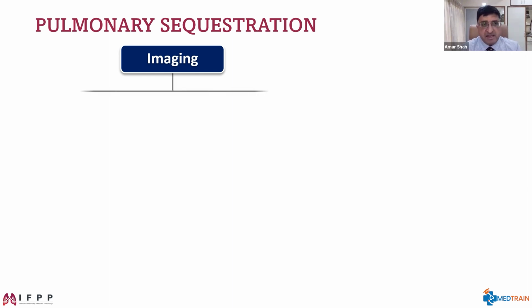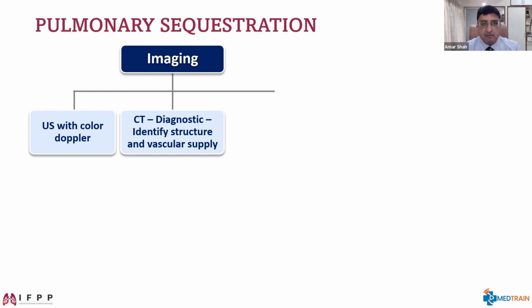Infants may present with respiratory distress or even feeding difficulties. Imaging is, as I said before, diagnostic in pulmonary sequestrations. Ultrasound scan with color Doppler can help suspect this problem. CT scan is diagnostic where it identifies the structure and the vascular supply. It helps identify whether the sequestration is intralobar or extralobar and also the vascular supply.